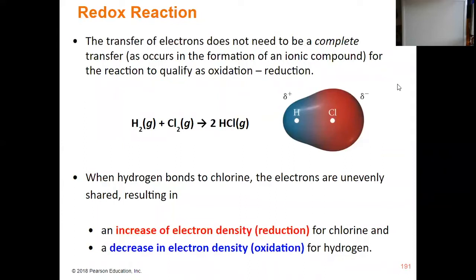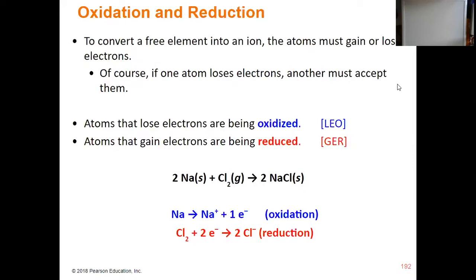So we can consider this to be like an increase in electron density for the chlorine, which is very similar to reduction if we're defining reduction as gaining electrons. And a decrease in electron density would be considered oxidation. All right.